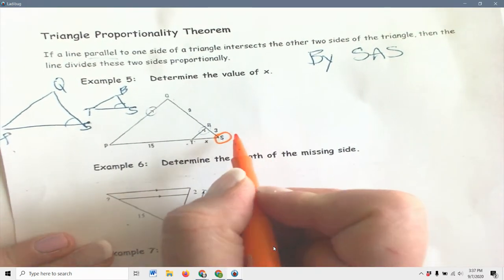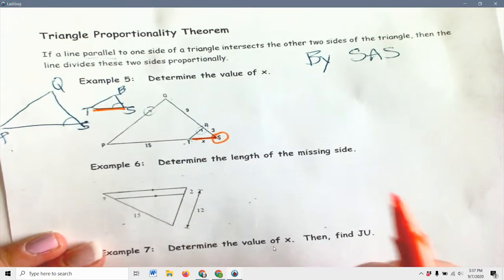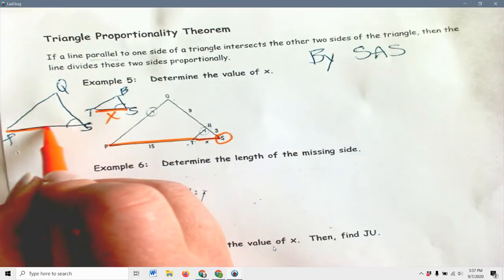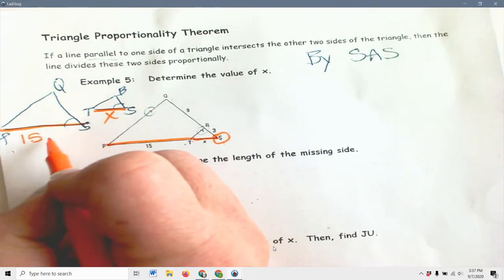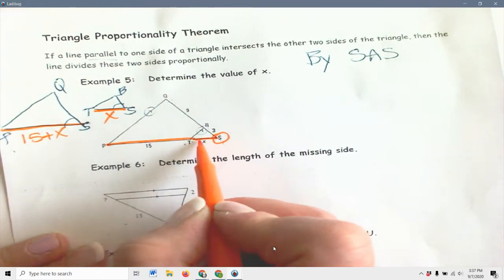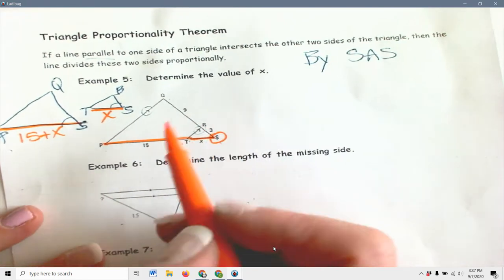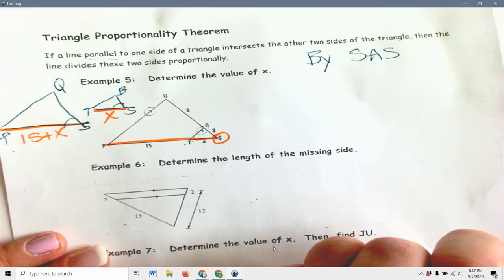So triangle S is our shared angle, and here's that small side here, that's our X, okay? The big side for our big triangle ends up being 15 plus X. Plus X. Don't forget to add those, okay? It's split them, but we have to add them to make a big triangle, okay?